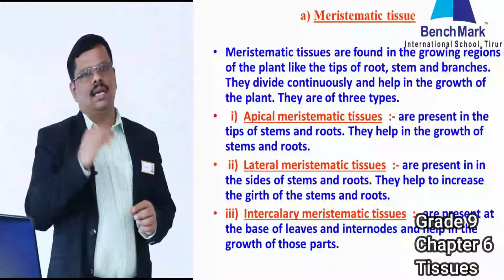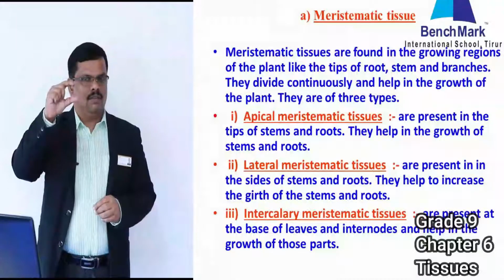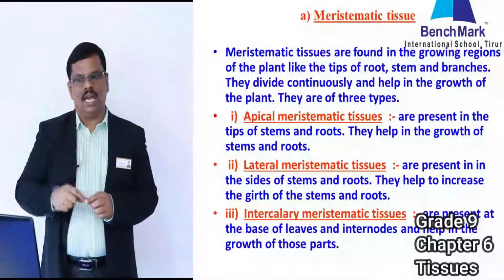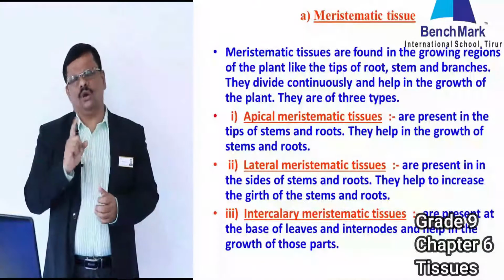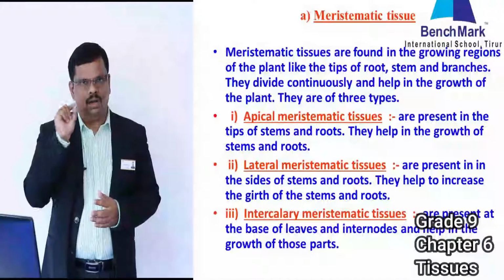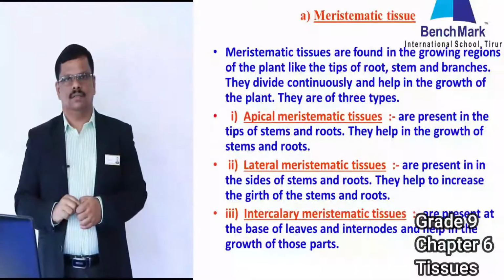Then next comes intercalary meristem. Inter, from the word itself, it is present in nodes and internodes. In 7th standard, if I am not wrong, the teacher might have told you, node is a part from where a leaf arises.